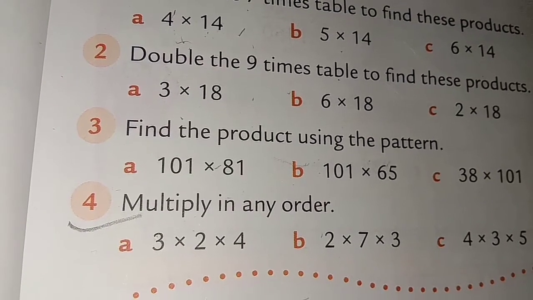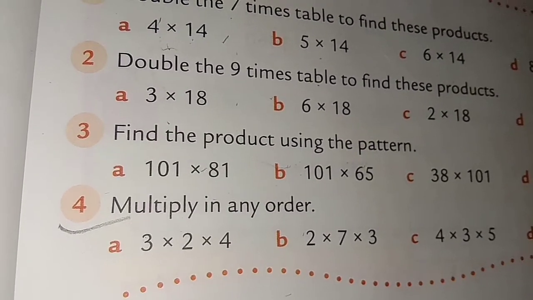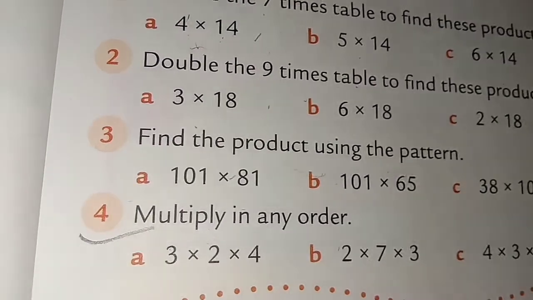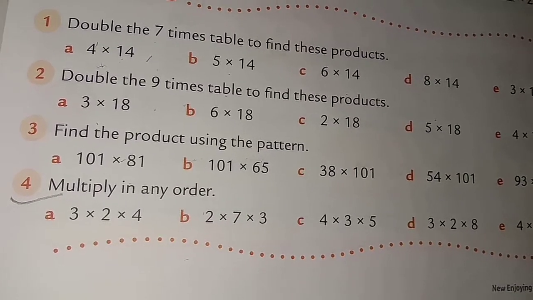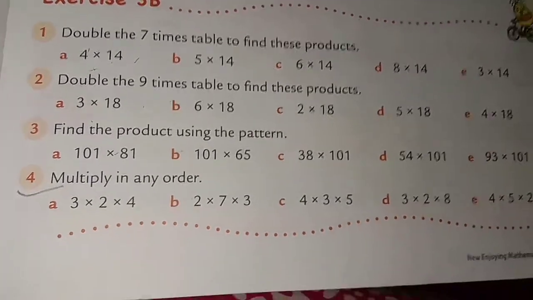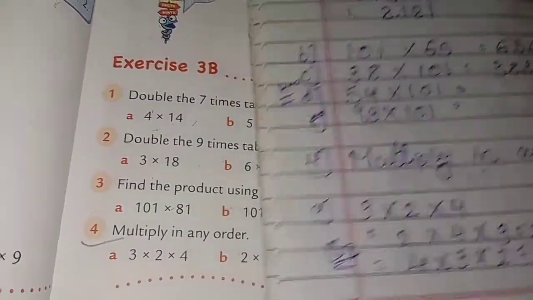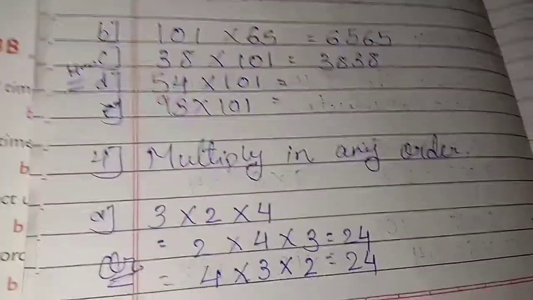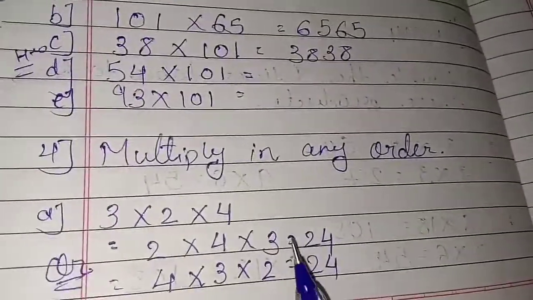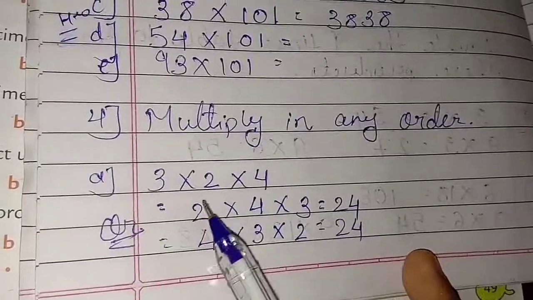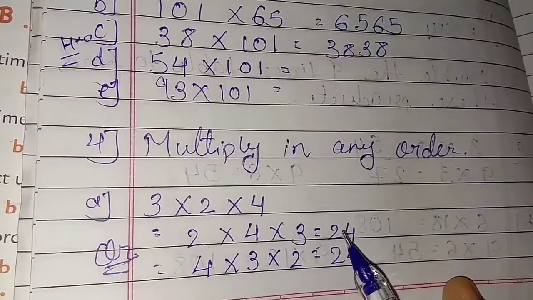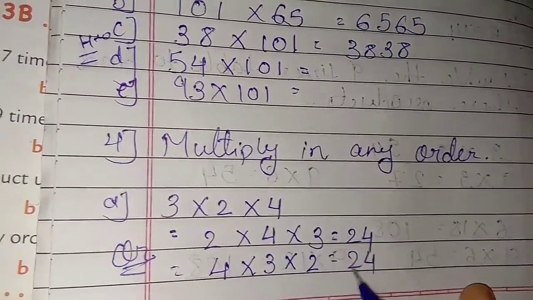The first is 3 into 2 into 4. So you can multiply in any order. Now I will show you how to multiply in any order, because in multiplication, whenever the numbers are the same but the orders are different, the answers are also the same.